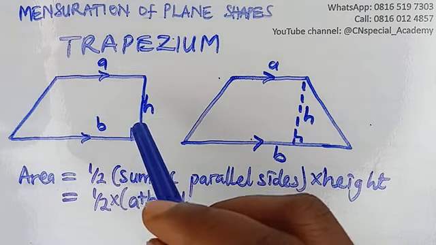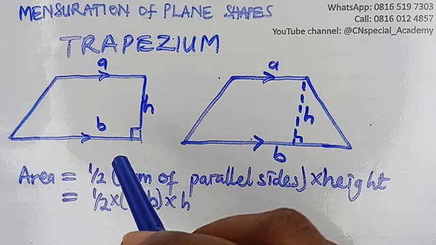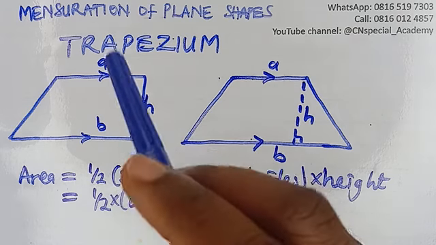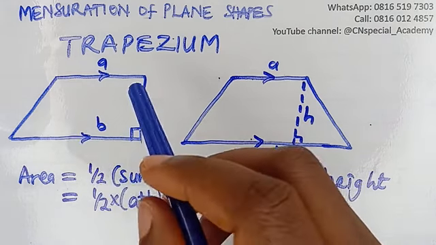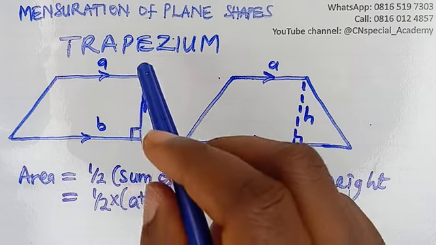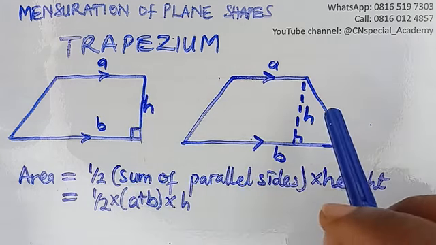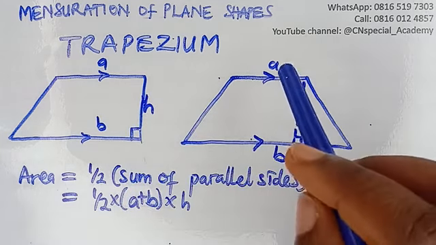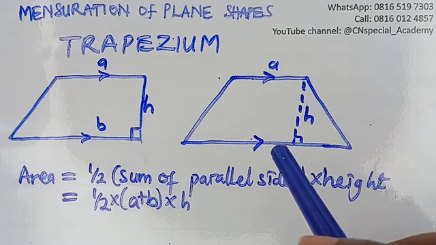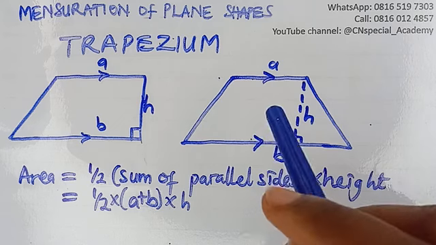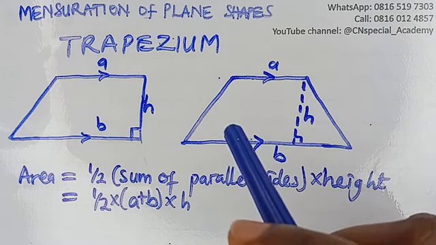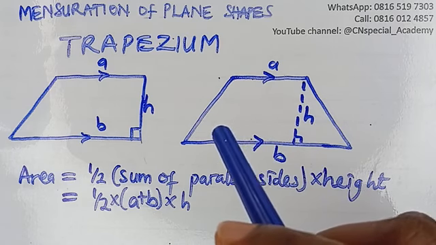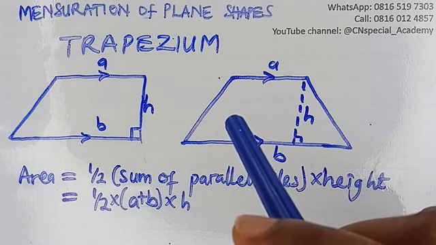The height must be the perpendicular height, perpendicular to the parallel sides. For this one, this side is already perpendicular, so it is actually the height. For this one that doesn't have a side like this, we have to trace and find a perpendicular height. Now let's get into some examples that will help us see how to go about calculating in a trapezium.